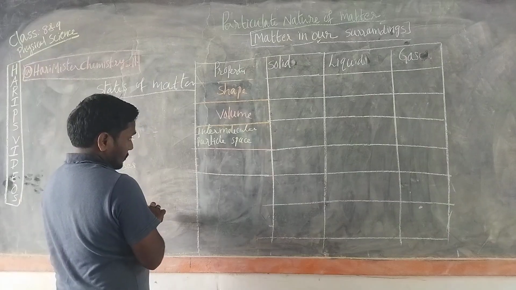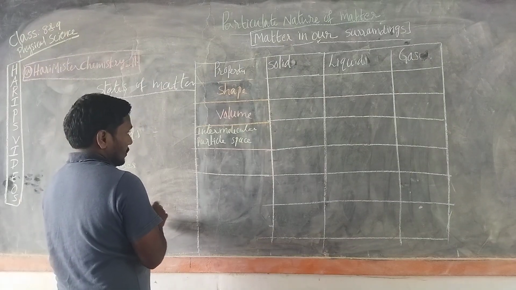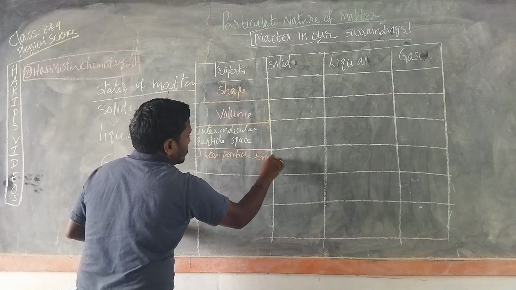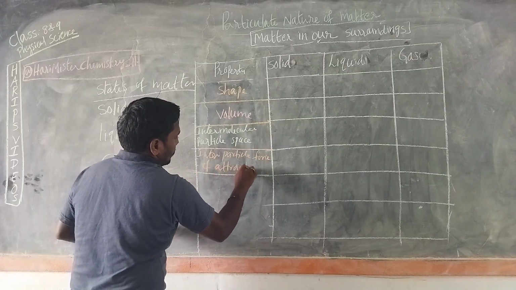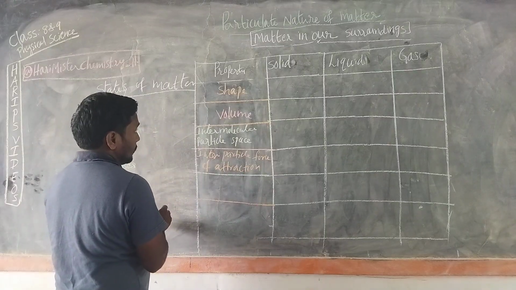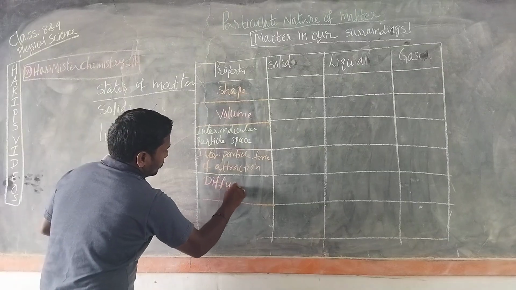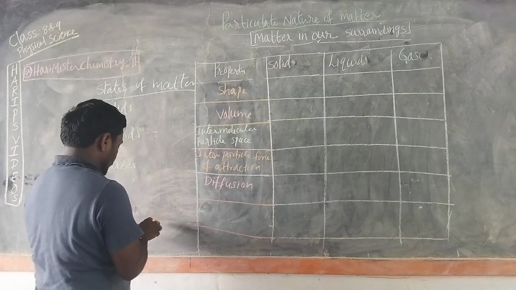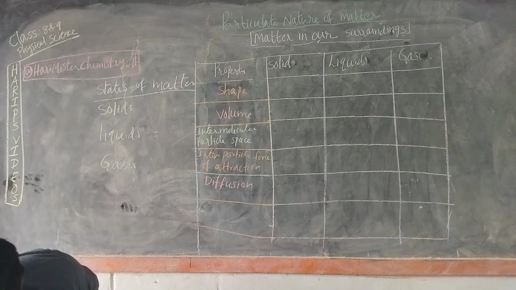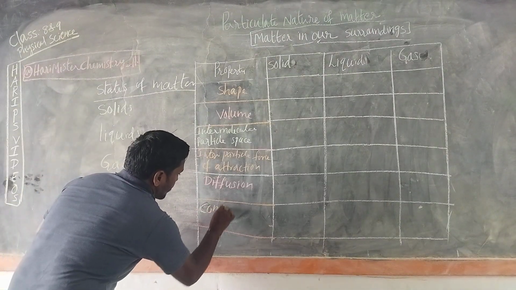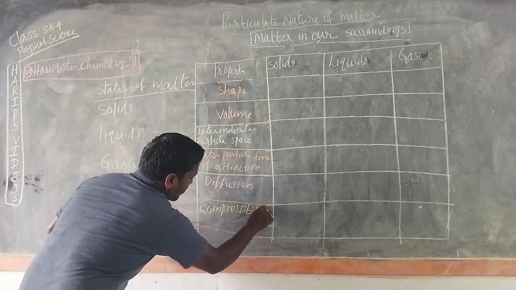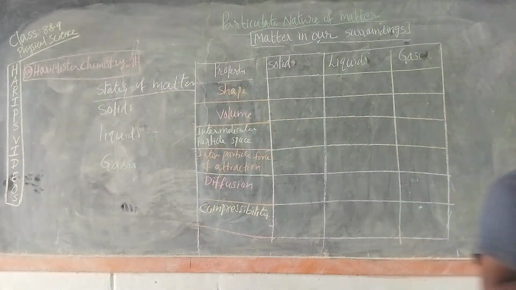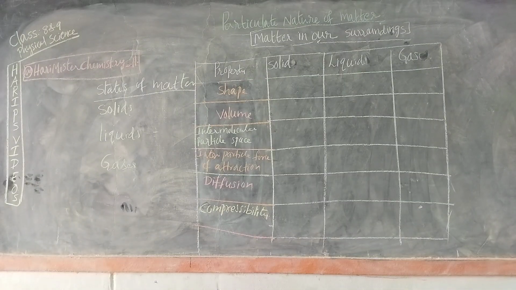Then interparticle force of attraction. Then the next one, diffusion, and the next one, compressibility. Right. Let us discuss all these properties one by one. This tabular form is very important.